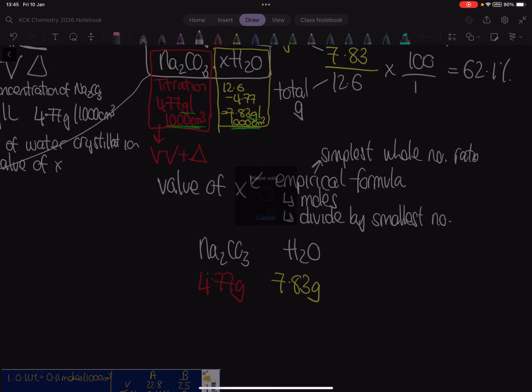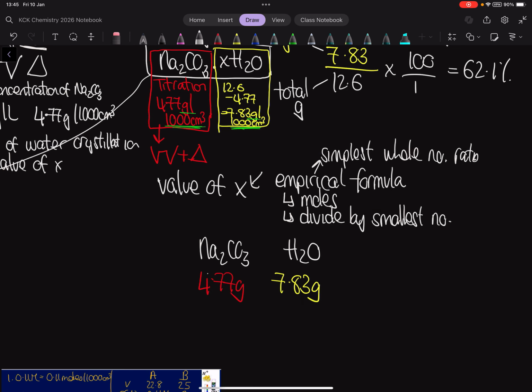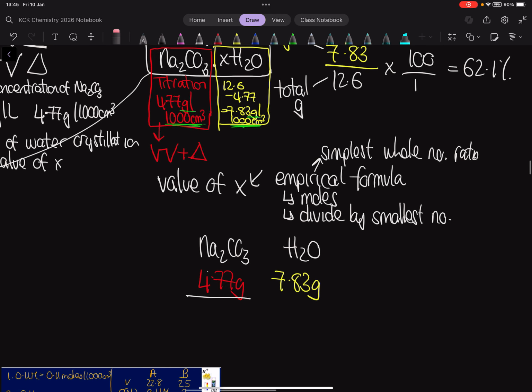We're obviously going to divide by the molar mass of sodium carbonate, which you will have calculated earlier in your maths, but we'll just do it quickly. And again, I really recommend that you write it all out: 16 by 3, and that becomes 106.